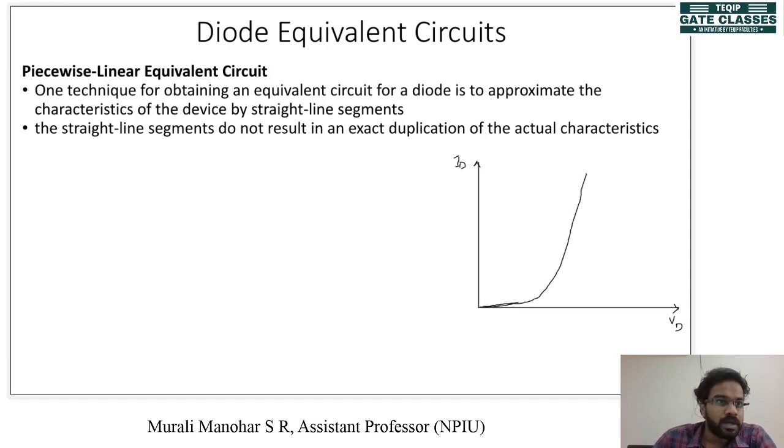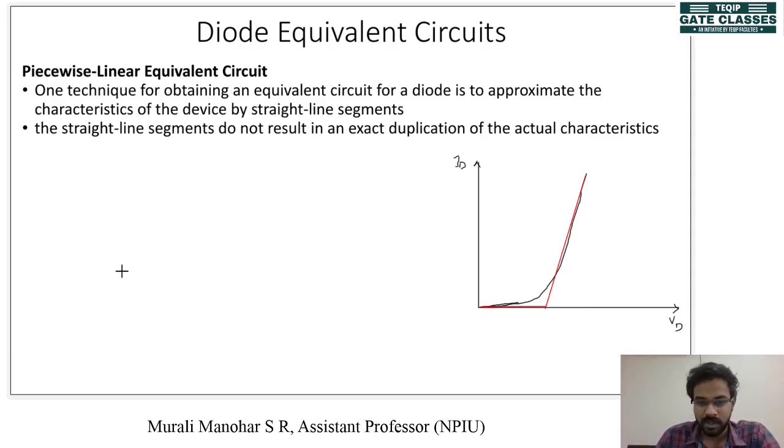So if we convert it into two line segments, one line segment will be this one, corresponding to the on state of the diode, and the other line segment will be this one, which corresponds to the off state, that is before the diode starts to conduct.